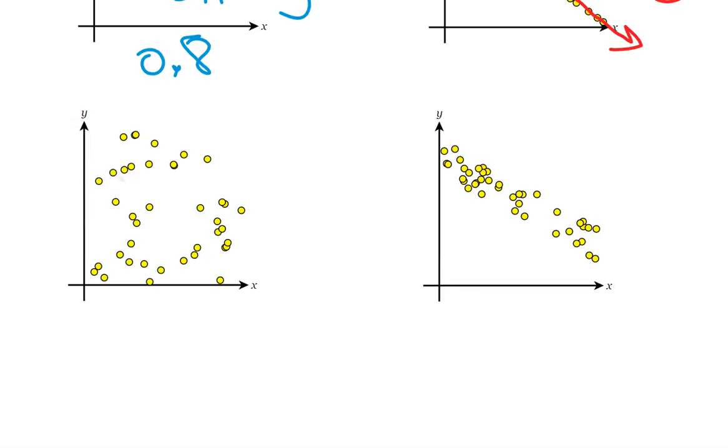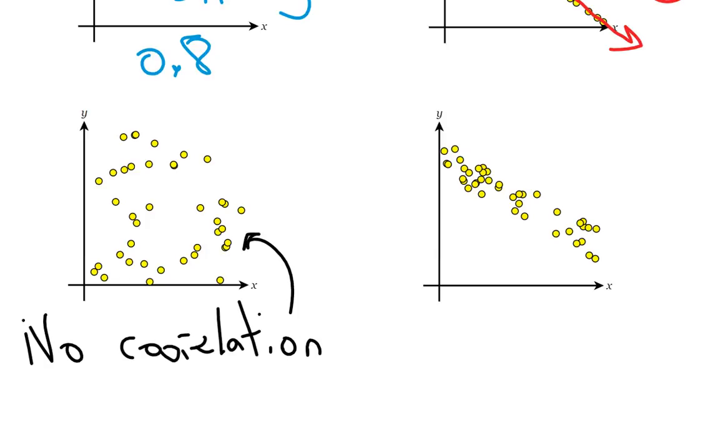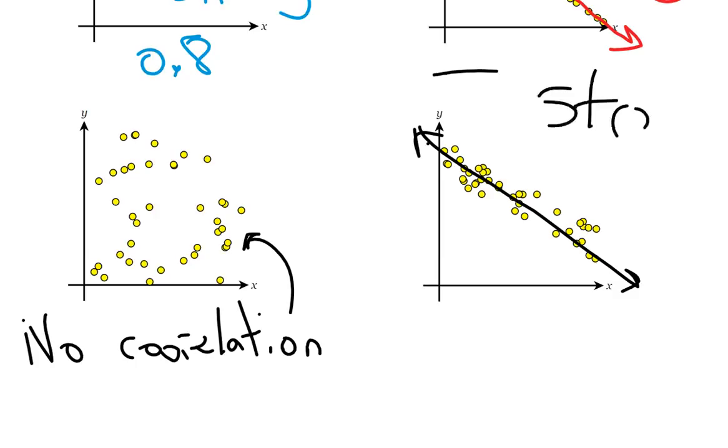So what we call this one is no correlation, because there really is no line that looks like it keeps track of what these are going to look like. And of course my last one goes downhill, so it's negative, and I would say those are pretty close. We've got a negative strong correlation. We'll say it's about negative 0.8. So you can see the correlation just tells you how close those data points are to that line of best fit.